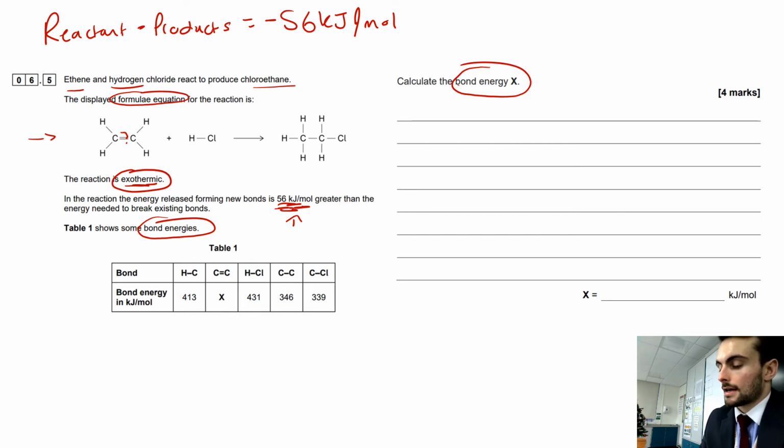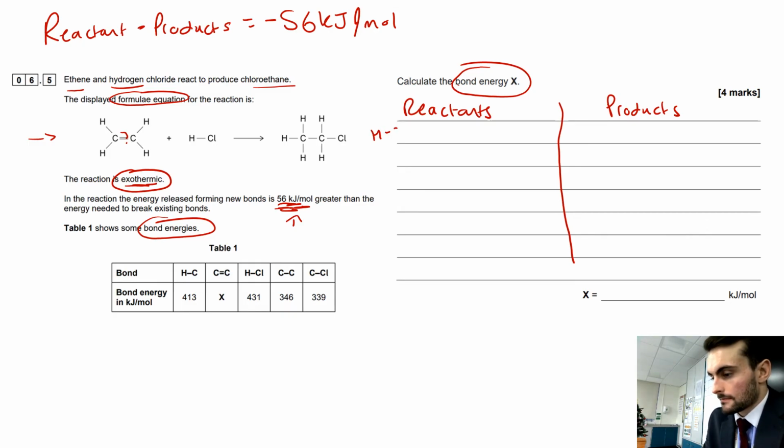Then we need to work out the reactants and products that we do have. We don't have the C double bond C. So what I would do is split the thing into two parts. We have our reactants, so we're going to find the bond energy of those, and the products on this side. So let's do the ones we do know. The C-H bond, we look at the reactants. How many of those have we got? We've got 1, 2, 3, 4. So we're going to do 4 times 413 kilojoules per mole to break those.